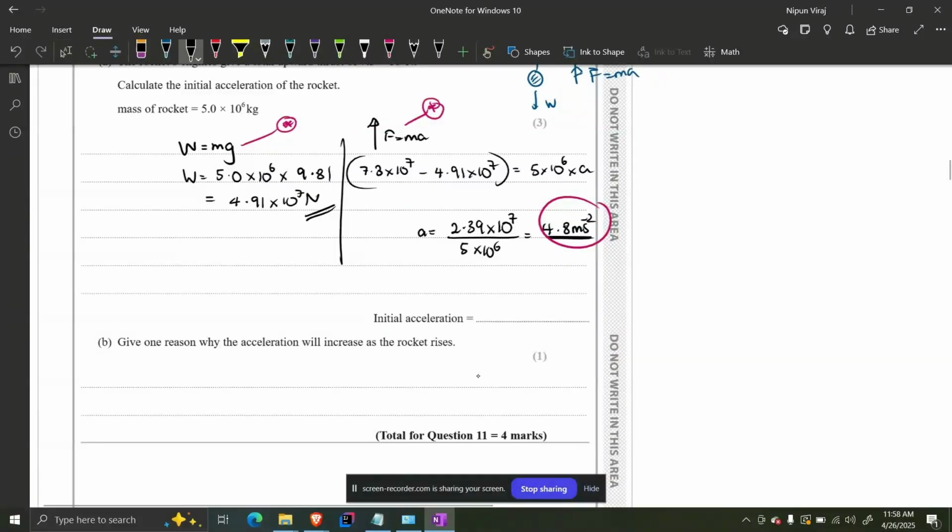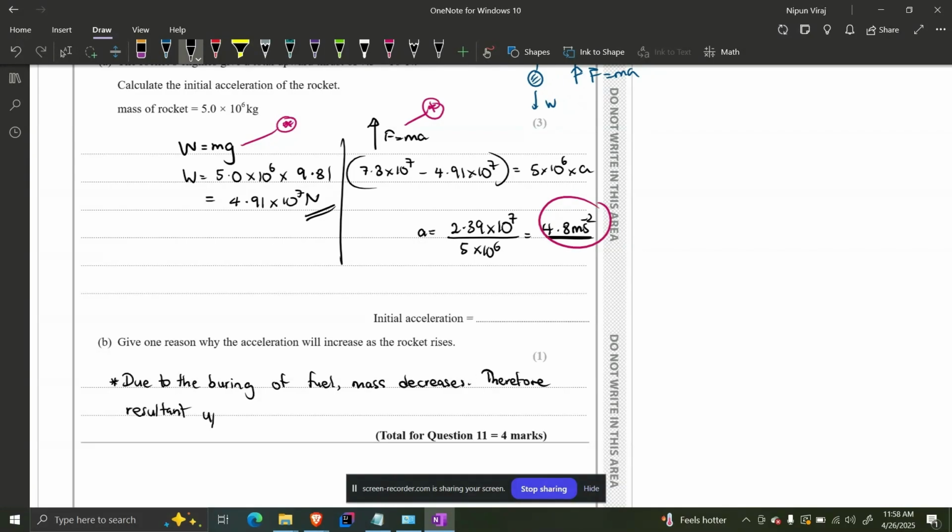You can say, due to the burning of fuel, mass decreases. Therefore, resultant upward force increases, right?